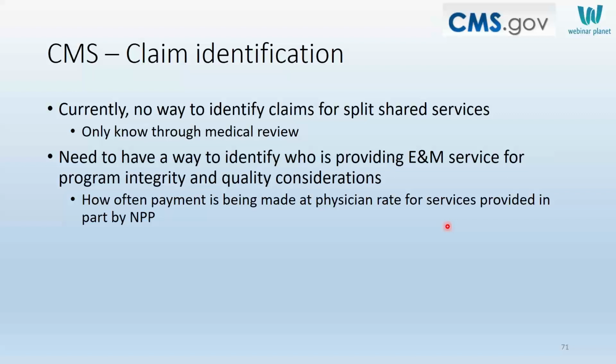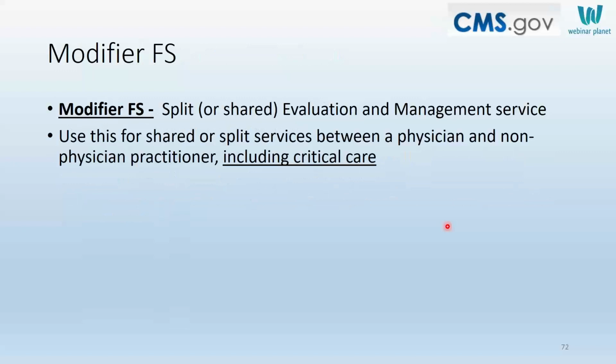If we look at claims identification, I think I started working on a project for NPs and PAs probably over 20 years ago. There has not been any way to identify that this claim was performed as a split shared visit. And so they're like, well, we're making all these changes. Let's make it a change that you have to append a modifier.